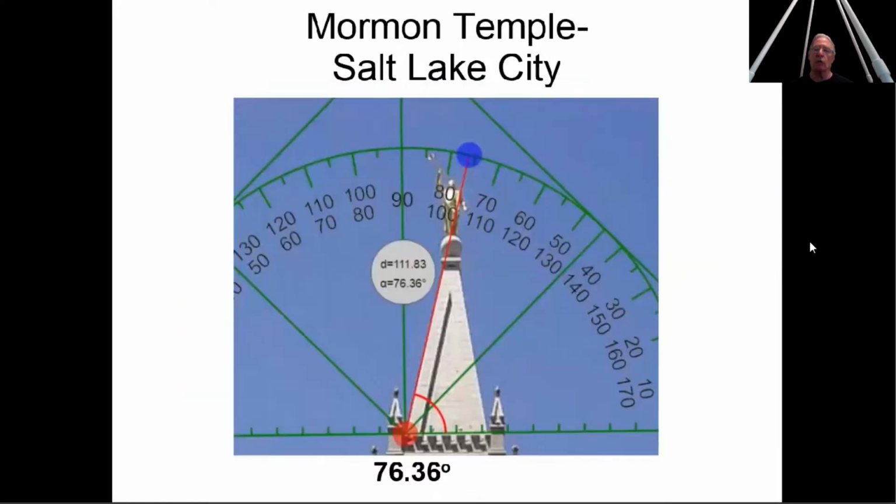And here's one that's straight on. We like to get pictures that are straight on as well, because this is generally the most accurate way to measure these angles. With the protractor app, 76.36 degrees in this case. So obviously all of these measurements are within the margin of error and precision that we can get with the MB ruler.